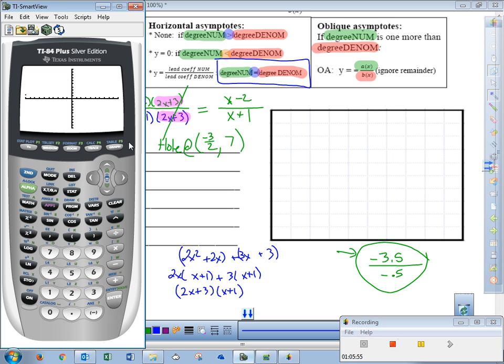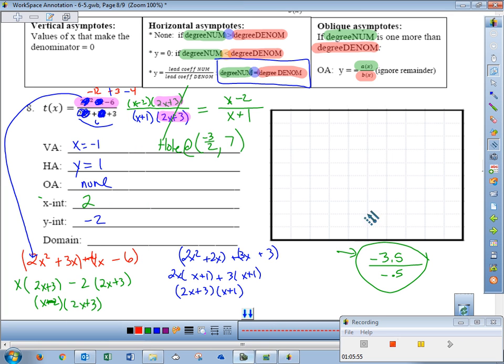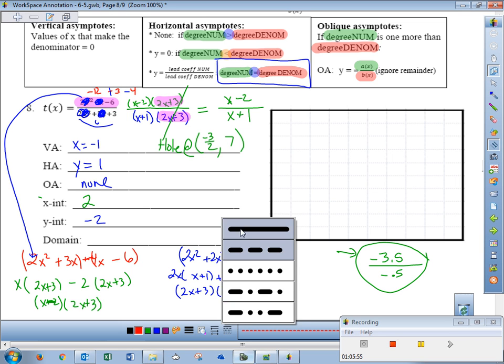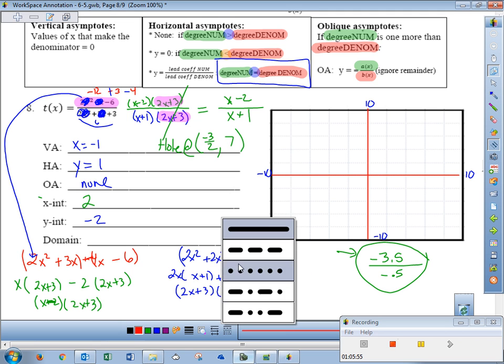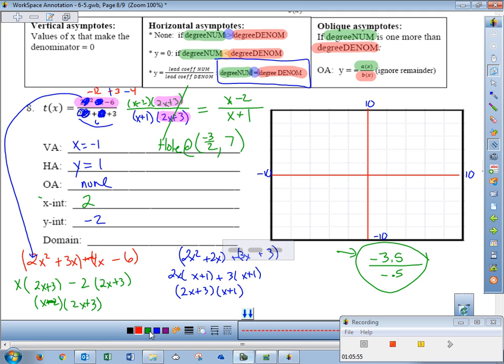Let's put all our asymptotes. 10s all around, so I'll set it up with my norm. Got a vertical asymptote and a hole. You got a vertical asymptote and a hole, so get both of those plotted for me.